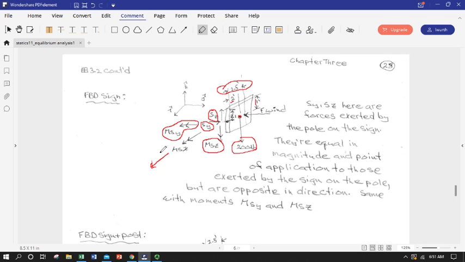So wind and weight are going to end up causing a twisting around this axis as well, and that's the one that's a little bit harder to envision. So you have to just think about which way the sign is going to try to rotate due to the applied loads. And so as it turns out, the post is going to have to apply a moment, not a force, but a moment in the x direction.